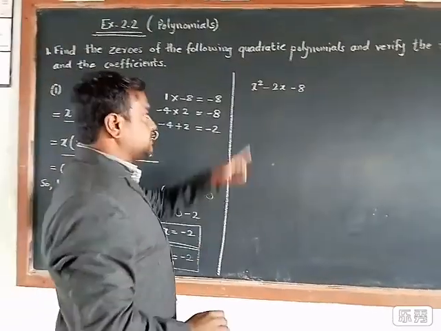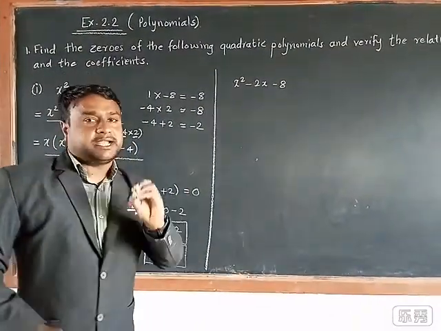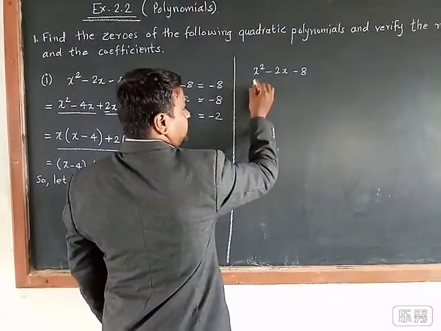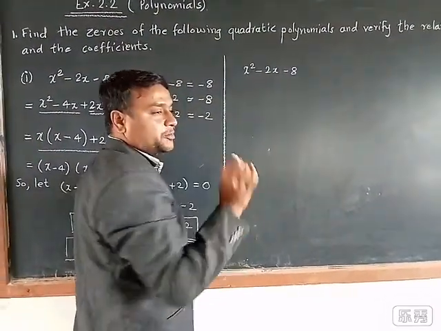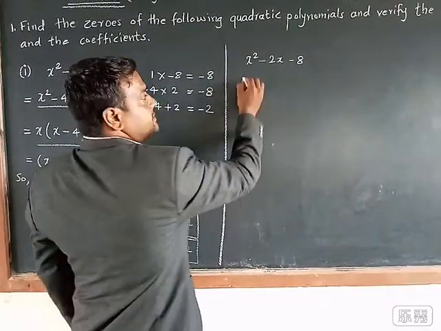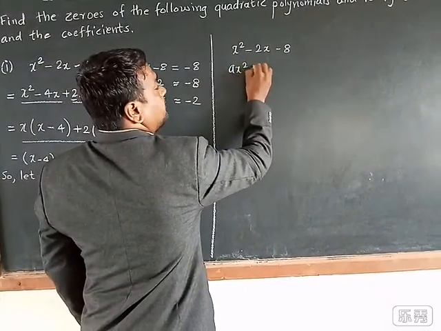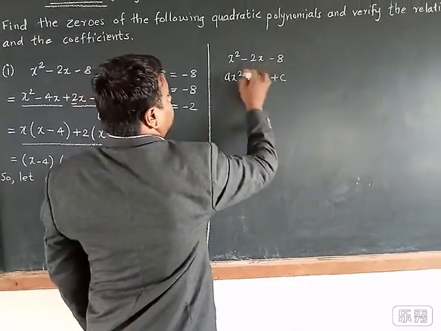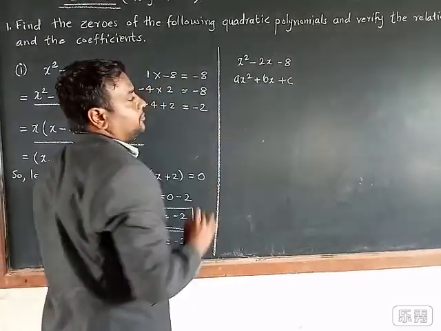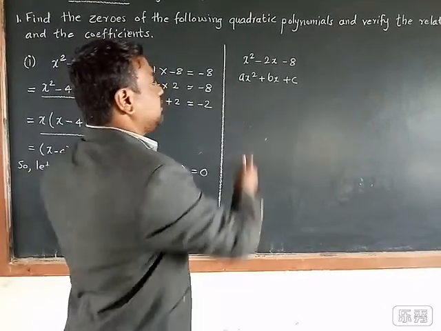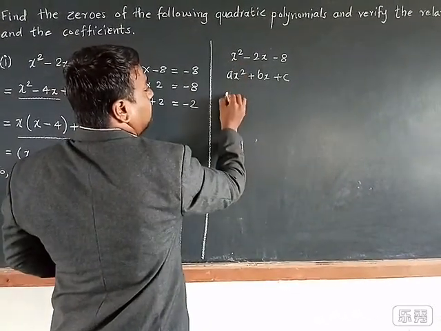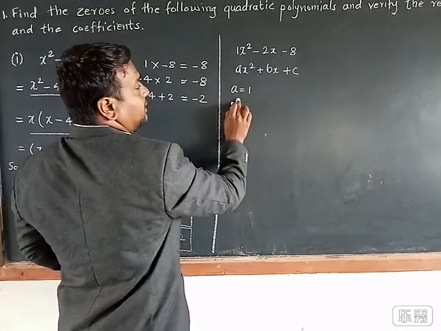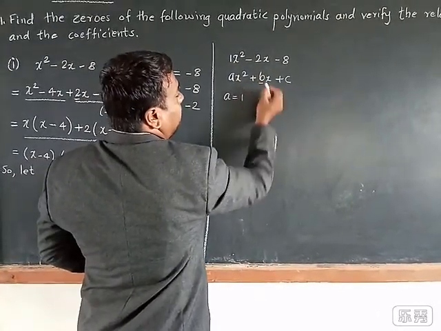Whenever we compare this quadratic polynomial to the standard format, ax square plus bx plus c, we get the coefficients. The value of a is equal to 1, because the coefficient of x square is 1.